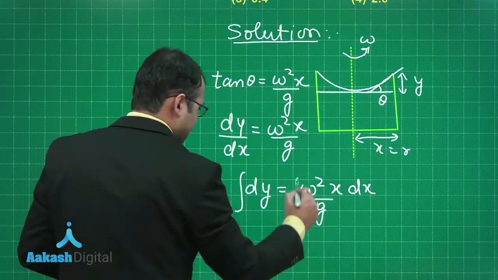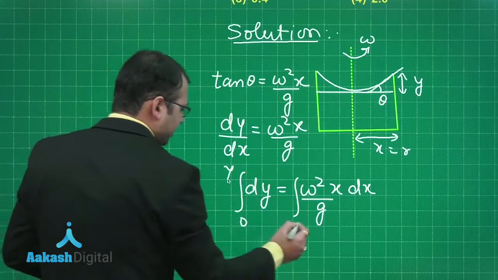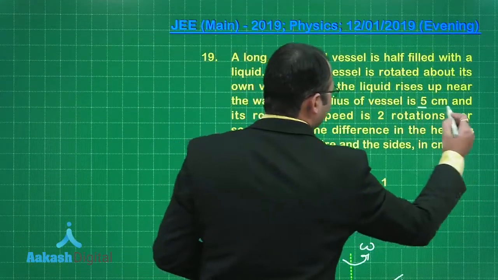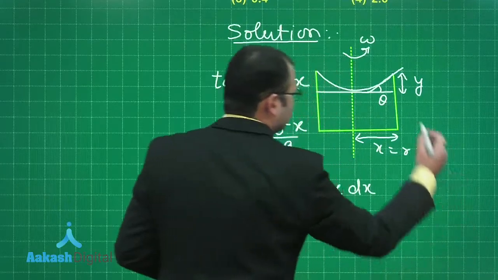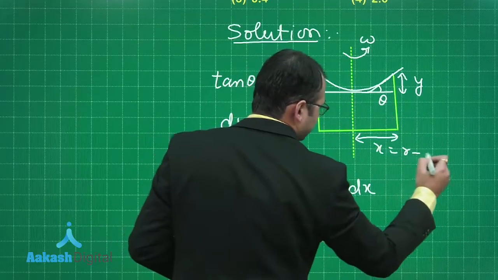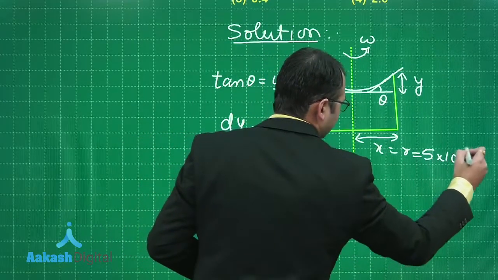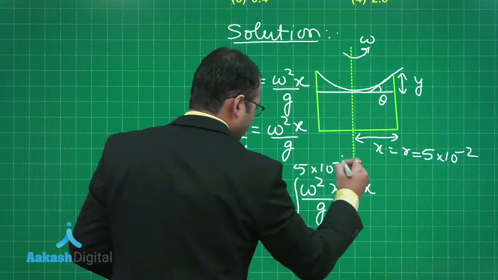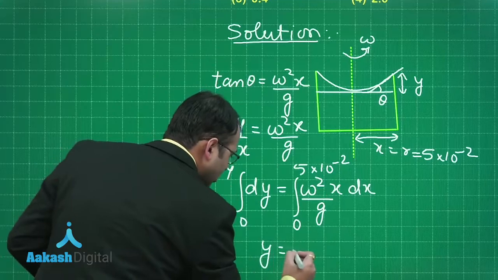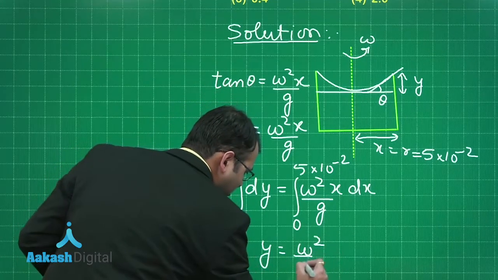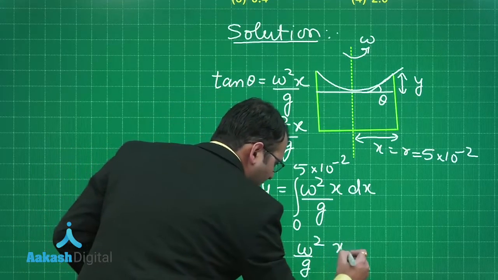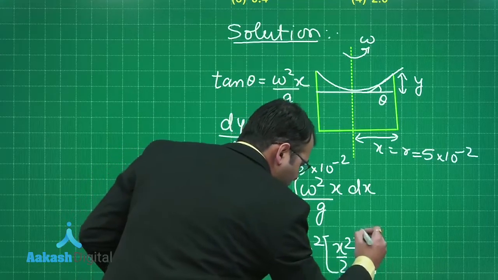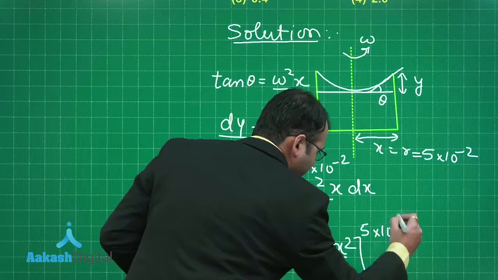Let's integrate this from 0 to y, and the radius is given to us as 5 centimeter. That means the radius value is 5 into 10 to power minus 2. Putting this value, you will get y is equal to omega square by g, which would be common outside, into x square by 2 from 0 to 5 into 10 to power minus 2.